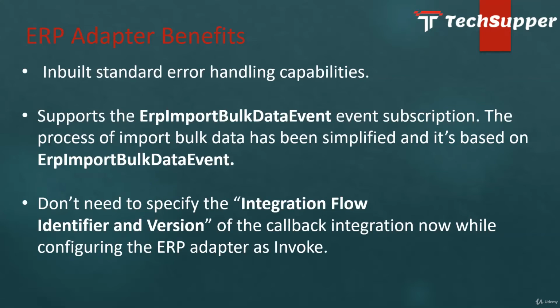When you configure the ERP adapter as an invoke and you want to use the import bulk data option of the ERP adapter, then in the configuration wizard, you don't need to specify the integration flow and version of the callback integration.